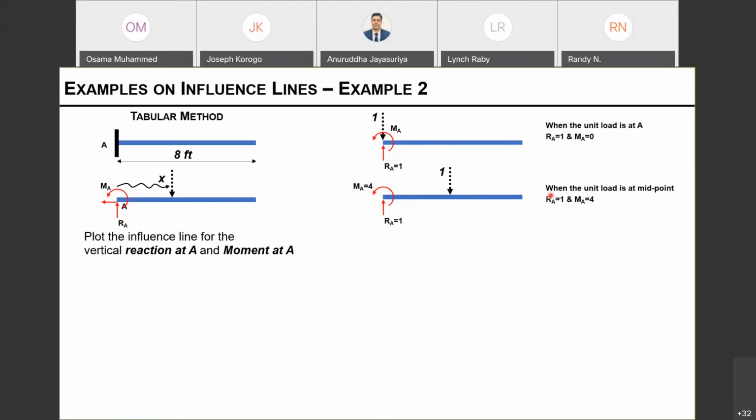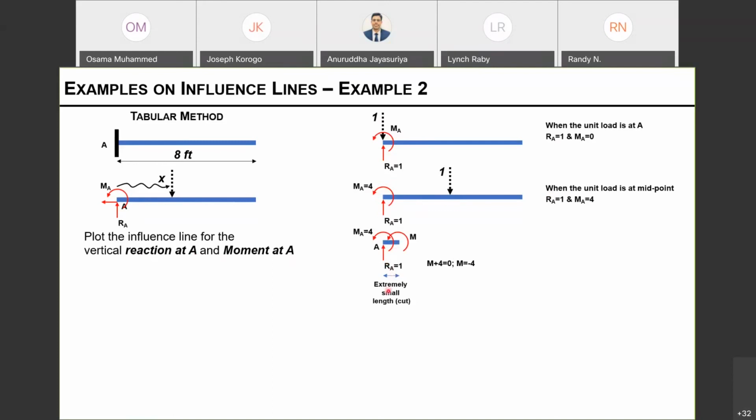So this is at x equals halfway, let's say x equals 4. Now I'm looking at the vertical reaction and the moment at A. So we need to get a cut somewhere at the support. Let's say this is my cut.